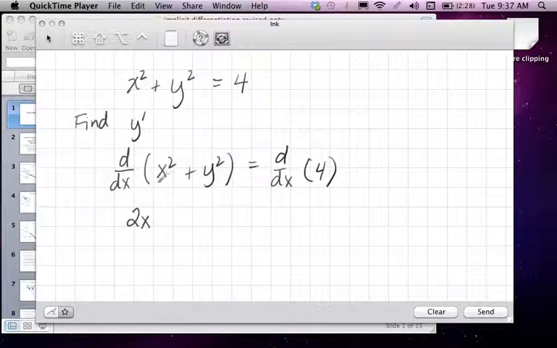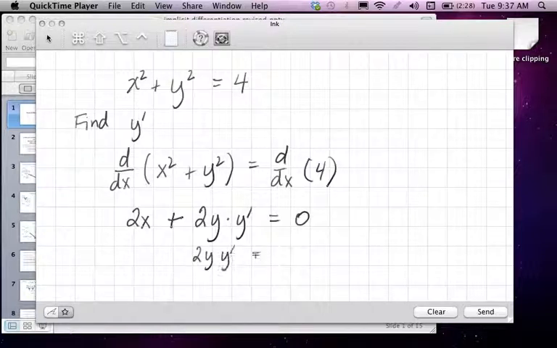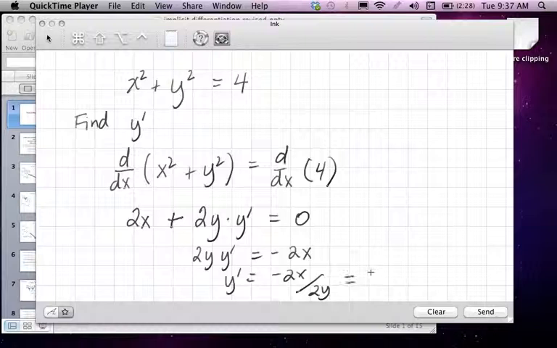That's the derivative of x squared. And then on that previous slide, I just showed you the derivative of y squared. We have to use chain rule, so it's 2y to the first power times y prime. And the derivative of 4 is just 0. So then I get 2y y prime is minus 2x, y prime is minus 2x over 2y. The 2's cancel, and you get minus x over y.